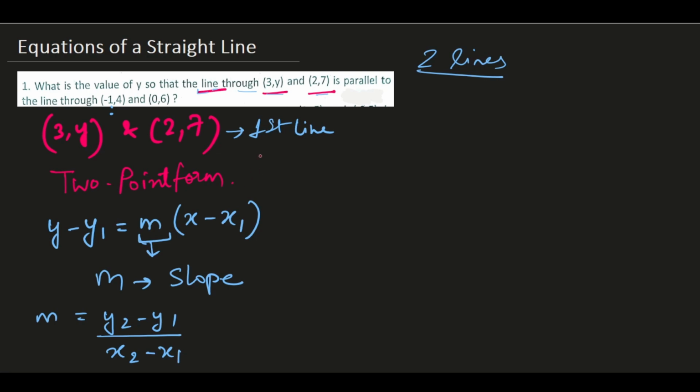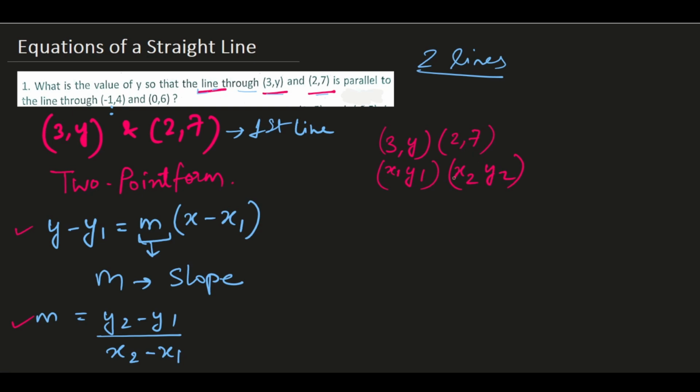We just have to substitute the values in this equation. So let's substitute here 3 comma y and 2 comma 7. Here this is x1, this is y1, this is x2, and this is y2.